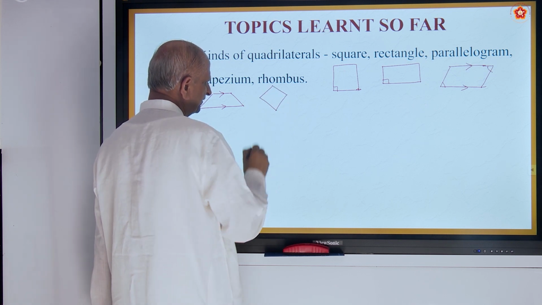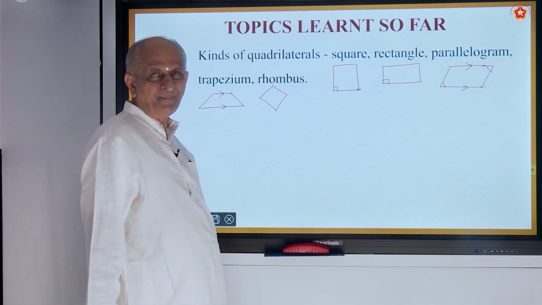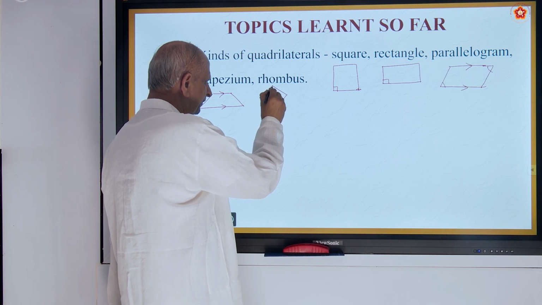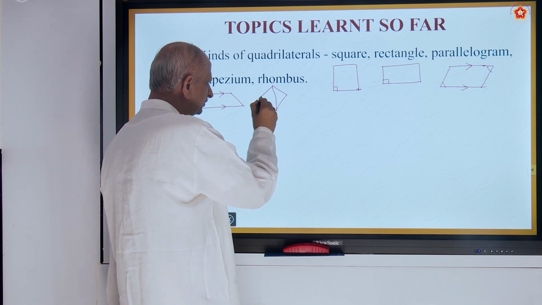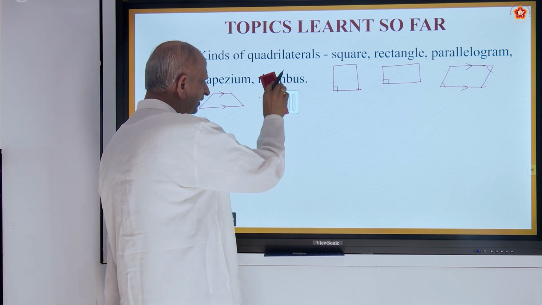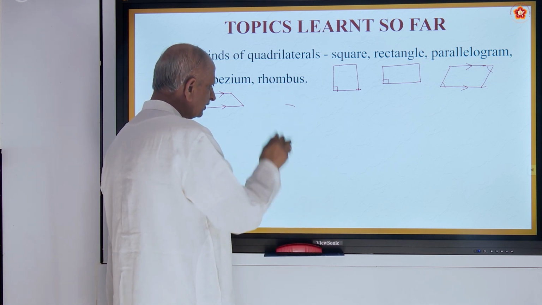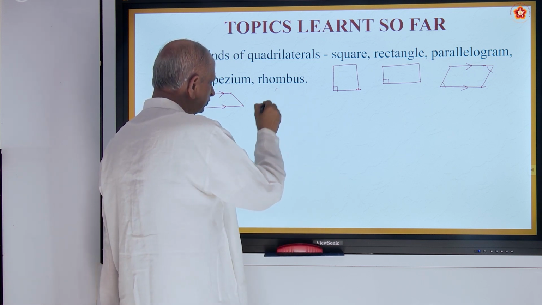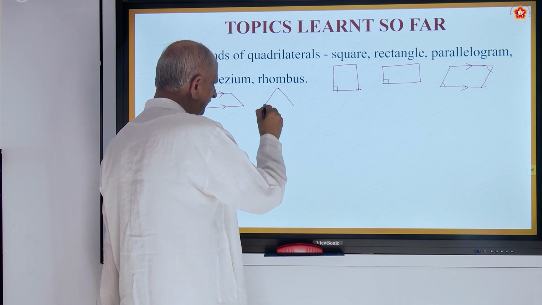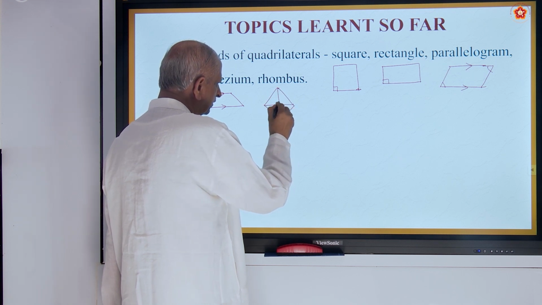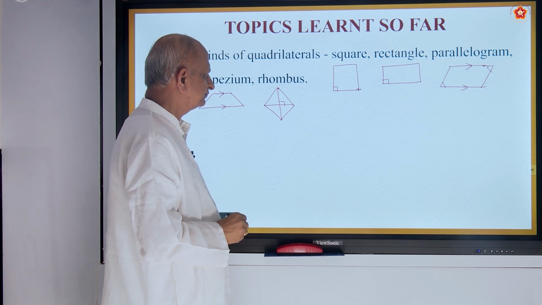all squares are rhombuses, but all rhombuses are not squares. Why? Because in square, the 2 diagonals will be equal, but in a rhombus, 2 diagonals need not be equal and they bisect at right angles.